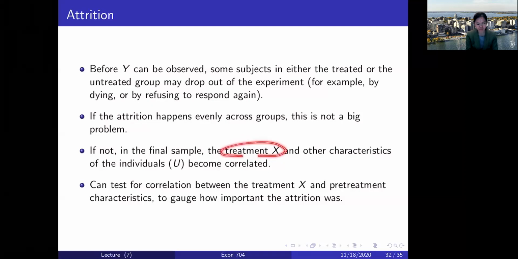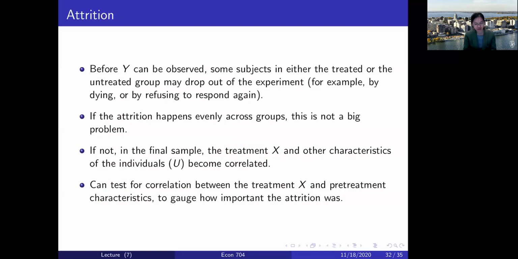And because of that, the orthogonality condition could fail. Of course, sometimes we could test for correlation between treatment X and the pre-treatment characteristics within the sample that's finally available to you.